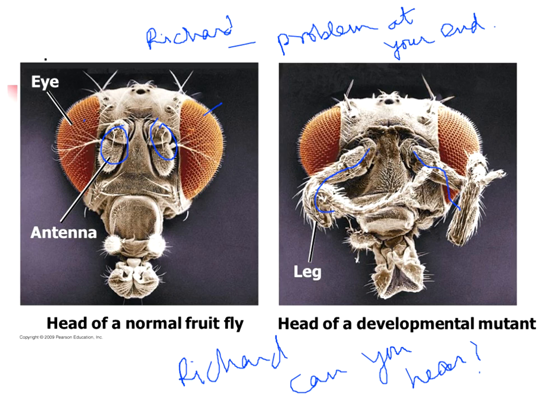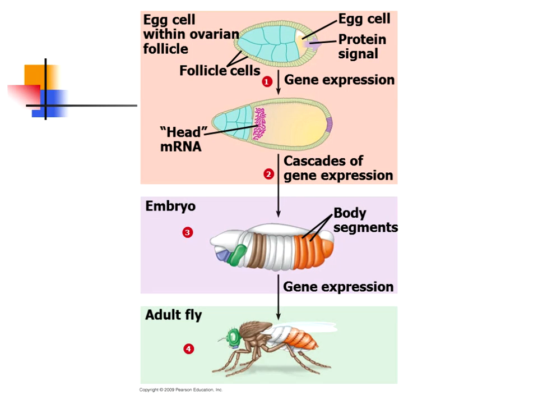Okay. So we are talking about the homeotic genes, which are master control genes that will express certain proteins at certain times, and that allows for development of the different parts of the body, right? So let's take an example of how that happens.